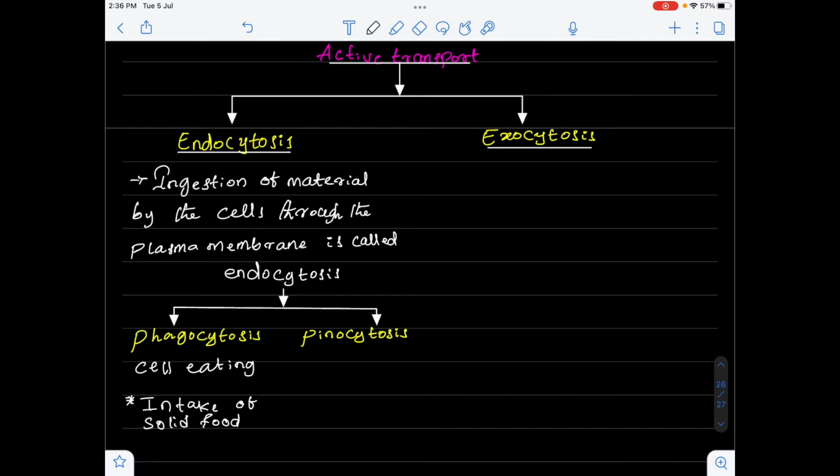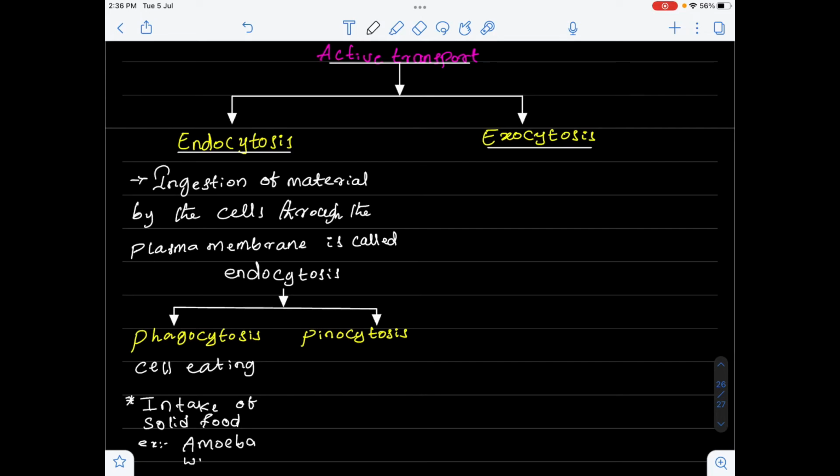It is called as phagocytosis. Here if you see some examples like amoeba, the engulfing of food materials by amoeba is done by the whole body surface or the plasma membrane. So if the amoeba is taking the solid food materials through the plasma membrane, then it is called as phagocytosis.